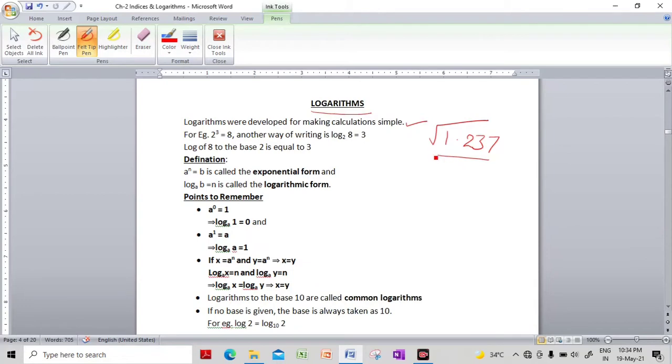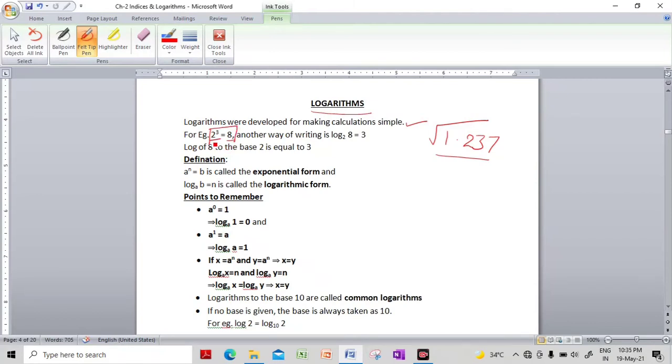Before starting these types of calculations, let us understand the basic concepts of logarithm and the rules we need for our questions. For example, we know that the cube of 2 is 8. This is how we generally write it in the exponential form.